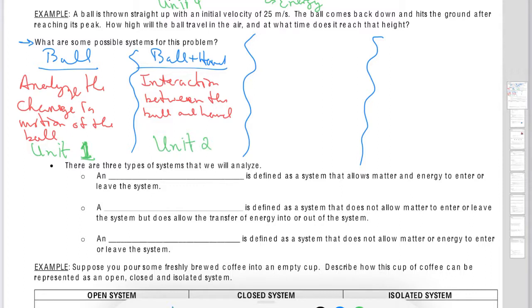And then you would have the ball, hand, Earth system. A lot of people forget that Earth is a potential part of the system. And again, you could be looking at the interactions between the three.